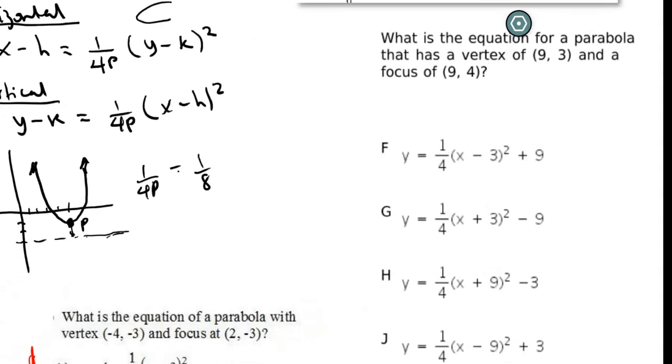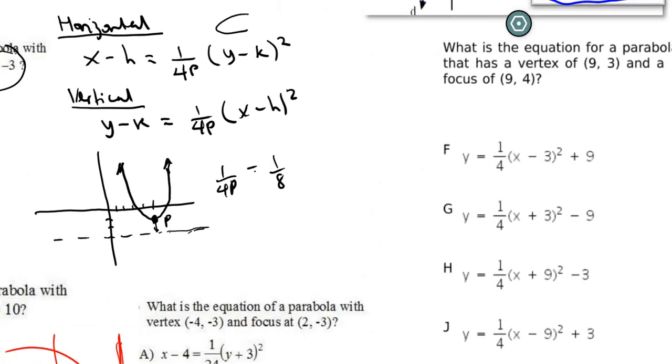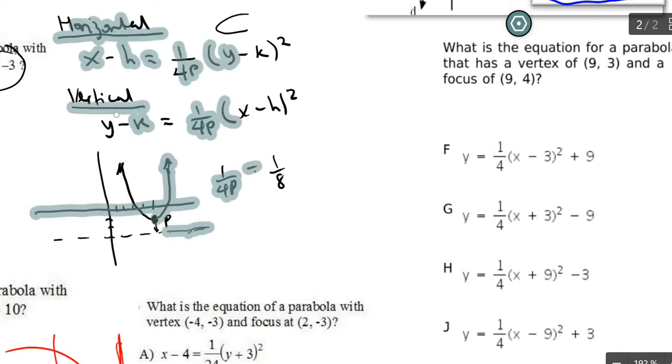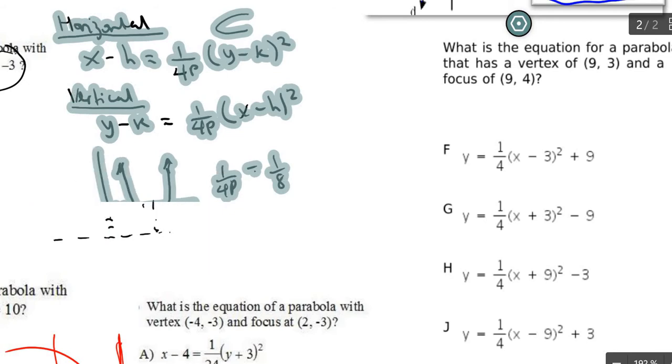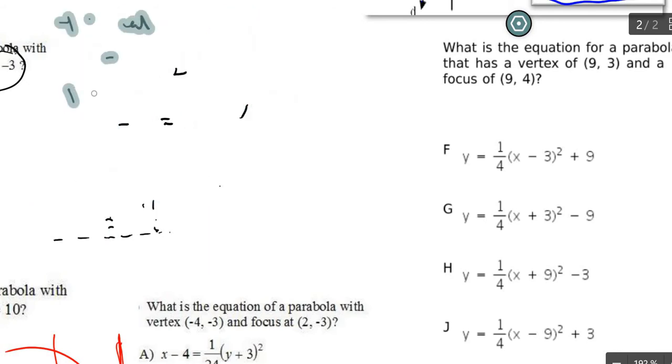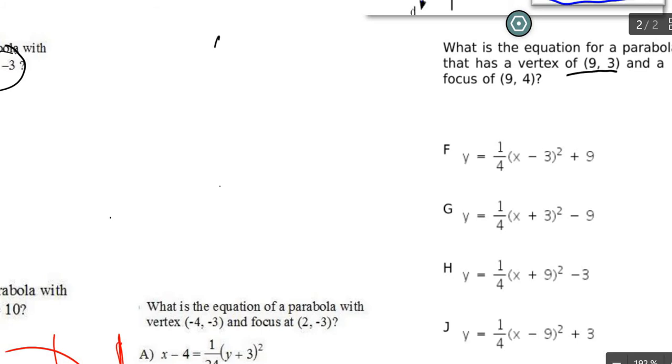We're given this parabola. So again, let me remove this and have a space to work. Now we're going to sketch the parabola. The vertex is at 9,3, so make a sketch of 9,3.